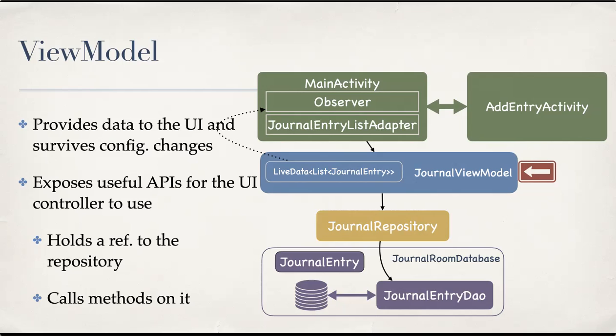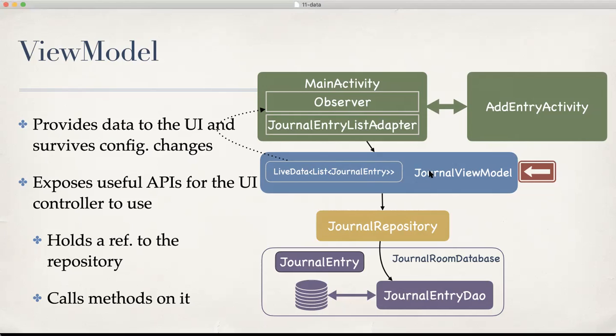So it will continue to do that, and in this context, with the database library underneath, it will expose APIs for the UI layer. It will be the bridge between the main activity, in this case the UI layer, and the repository. So it will hold a reference of the repository and it will call methods on that.